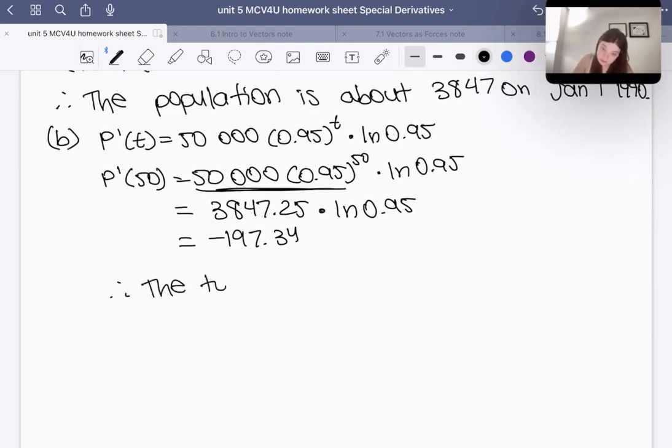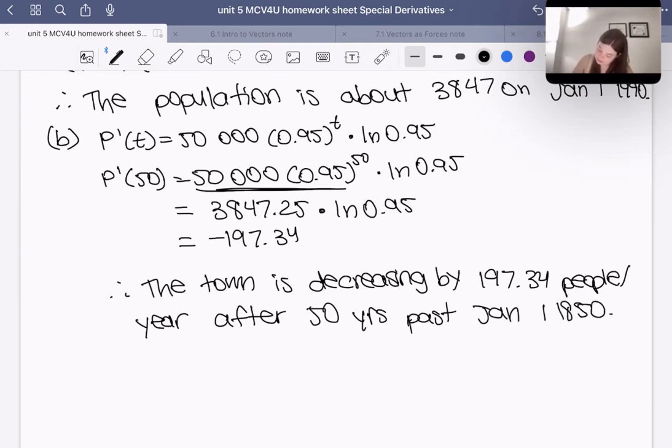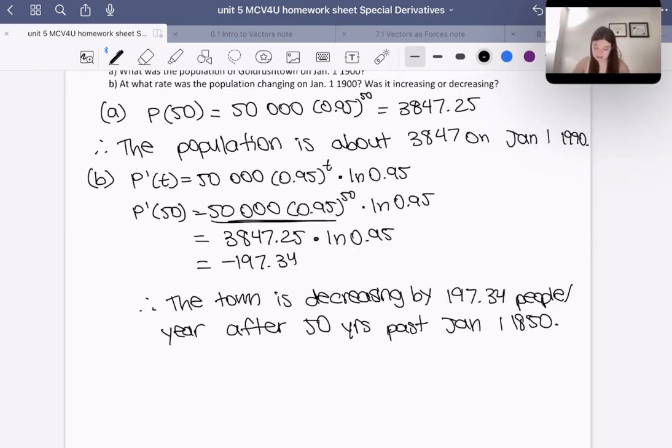The town is decreasing by 197.34 people per year after 50 years, past January 1st, 1850. Or I could have just said on January 1st, 1900, but I didn't think of it. But yeah, there we go.